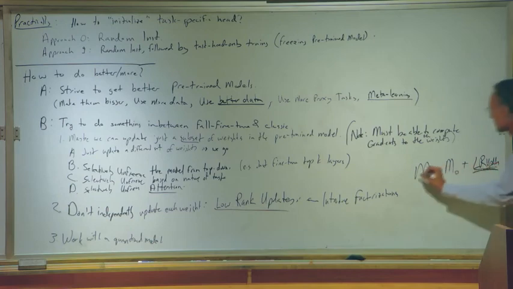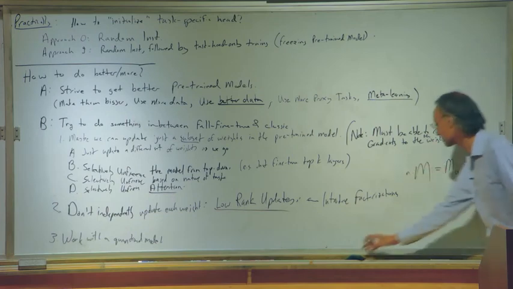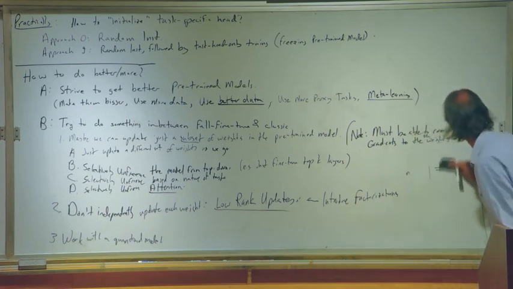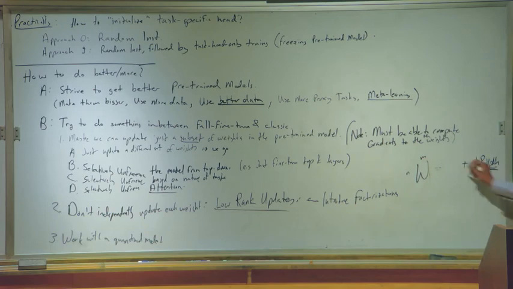So if this is an n by m matrix, W naught has n by m parameters in it, but here you can make this equal k times (n plus m) parameters.